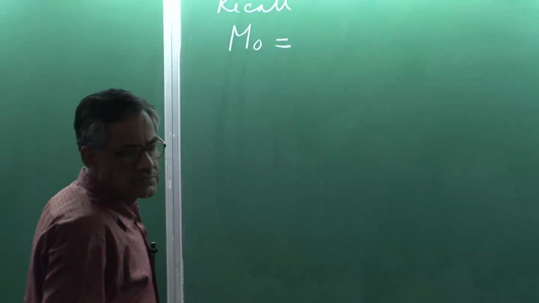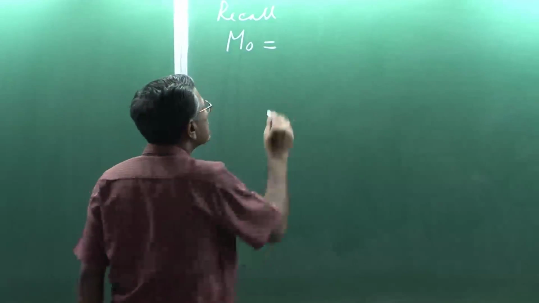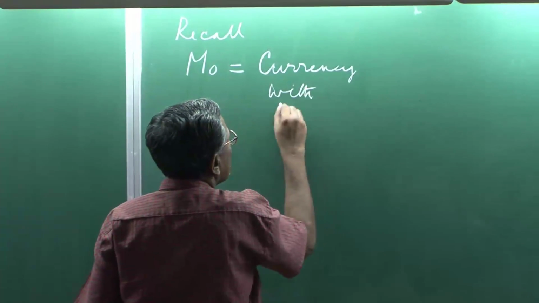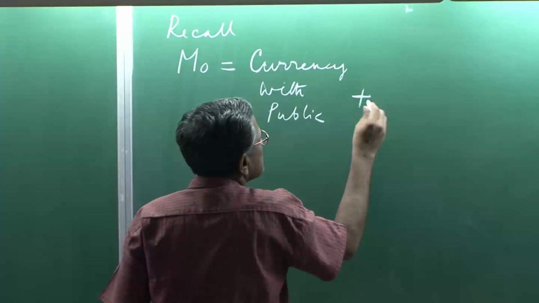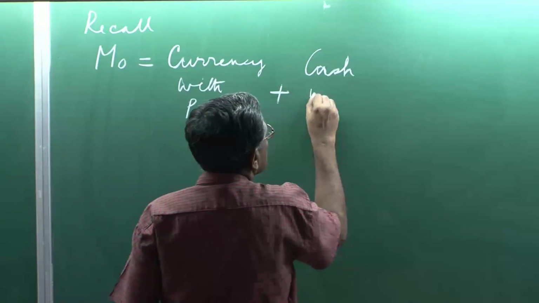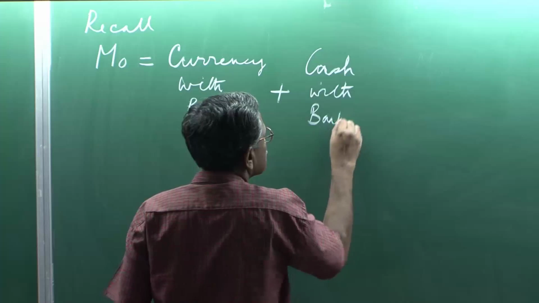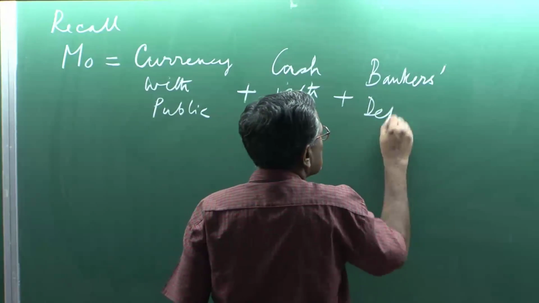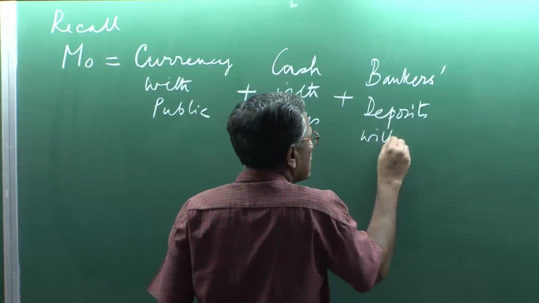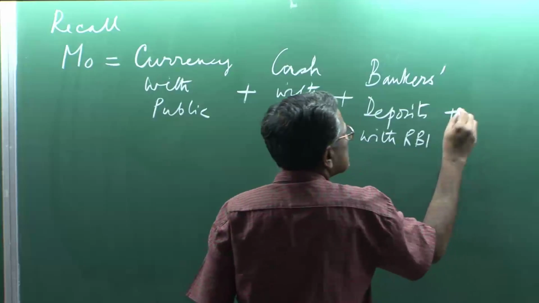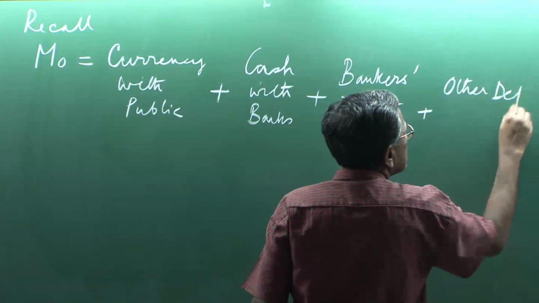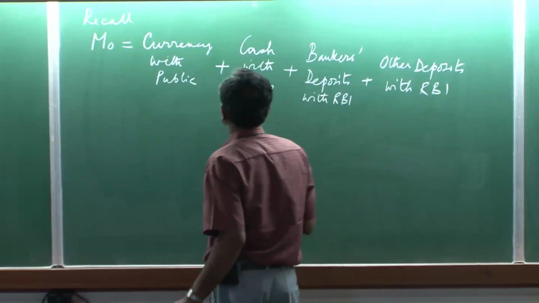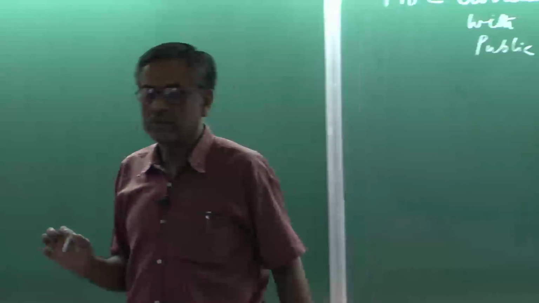I said monetary base has currency with public plus cash with banks plus bankers' deposits with RBI plus other deposits with RBI. I said that? Good.